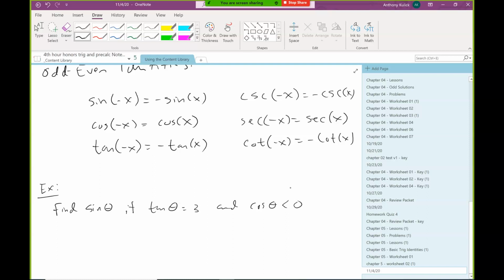So let's say we want to find the value of sine if tangent is 3 and cosine is negative. We can do this using identities now. First thing I'm going to note is an identity that involves tangent and just one other trig function.